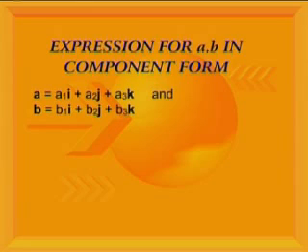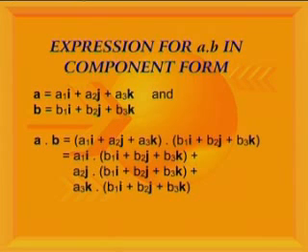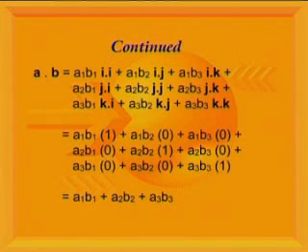So A dot B, if we calculate this using all those results which we have just stated, that is, i dot j will be 0, i dot k will be 0, and i dot i is equal to 1, just like those.